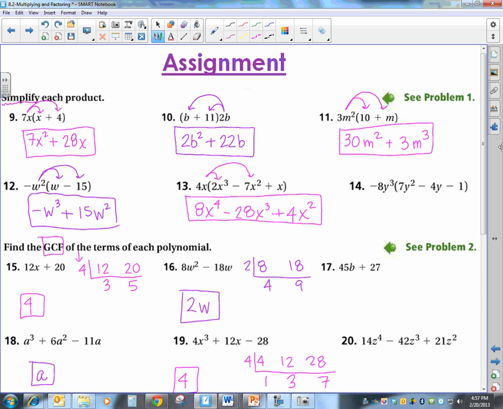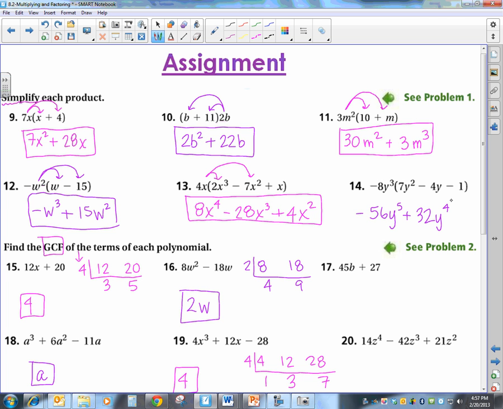Okay? Negative 8y times 7y squared is negative 56y to the fifth. I added 3 plus 2. A negative and a negative give me a positive. 8 times 4, y cubed, and y give me y to the fourth.